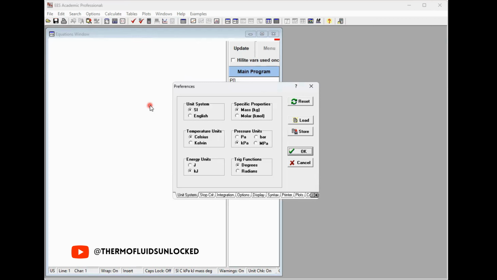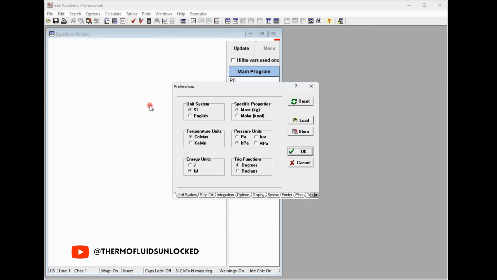For temperature, the default is Celsius. Sometimes in thermodynamics, we will need to go with Kelvin. So in some cases we will need to switch it, but for thermodynamic properties, it's fine if you provide the input in Celsius. What is important is that you as the user are aware of the default units of the variables in your equations, so that you put in the right number.